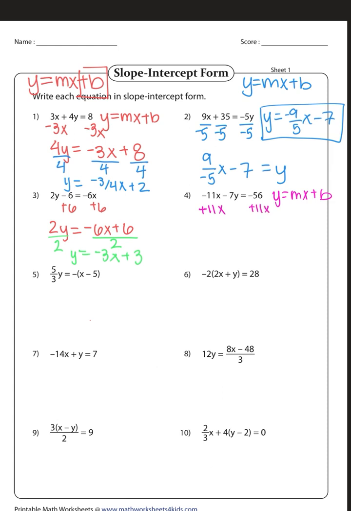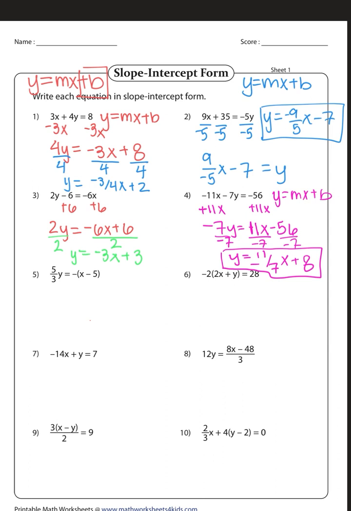And we get negative 7y is equal to 11x minus 56. We are not done, right? Because there's still a coefficient by y. So we divide by negative 7 for every single term. And we get y is equal to 11 over negative 7x plus 8. And that is our final answer.